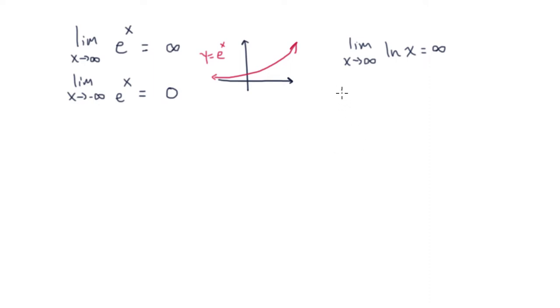Now, we have to be a little careful in the other direction because the domain of natural log of x is just x strictly greater than 0. So if we look at the end behavior, we better approach 0 from the right. And in that case, again thinking about the inverse relationship between these two functions, we're going to get negative infinity. And again, we can look at the plot of this graph and see why that's the case.